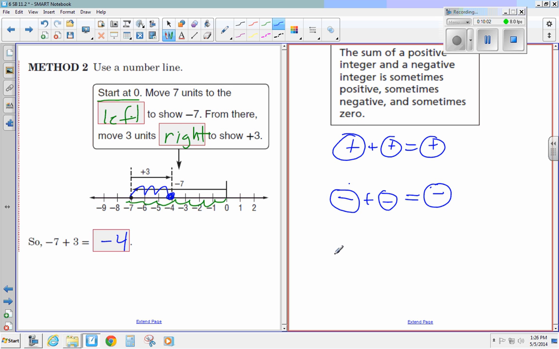Now, a positive plus a negative depends. We'll just say sometimes both. It could be either positive or negative.